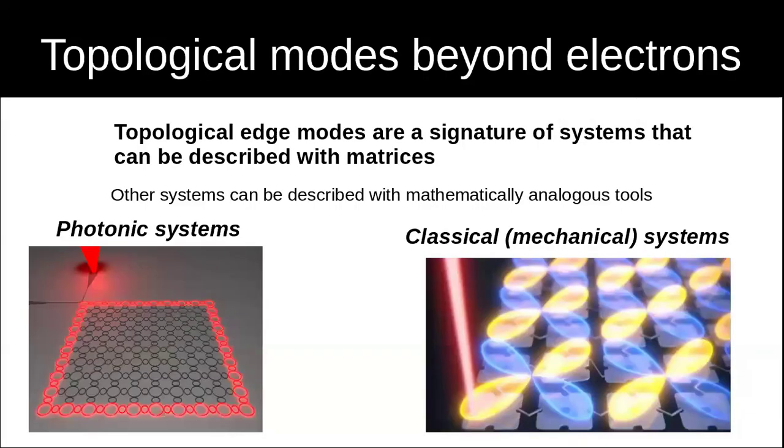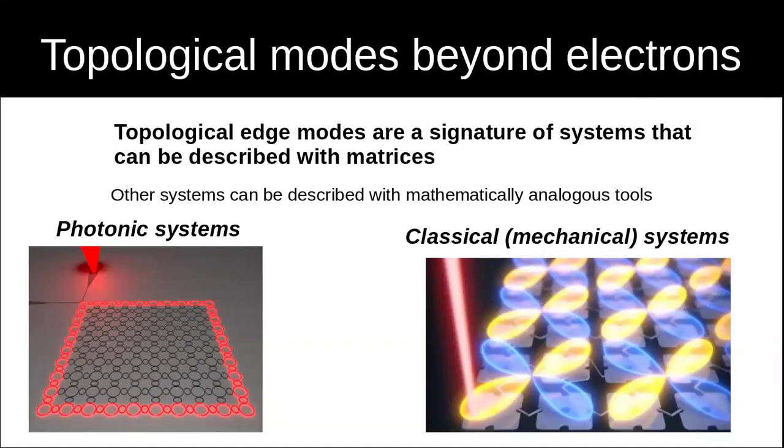So electrons, of course, but also magnons in quantum materials, spinons in quantum materials, and many other quantum excitations. We will look at some of those examples in the next few lectures, but beyond quantum excitations, it is also worth noting that topology also appears in systems that are not exactly of electronic nature and perhaps even not quantum.